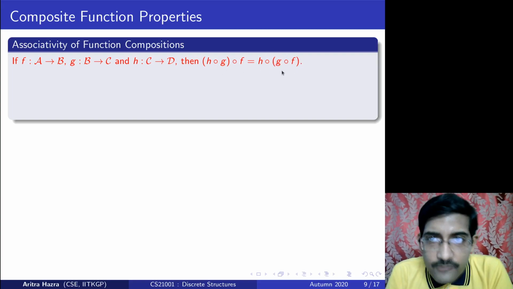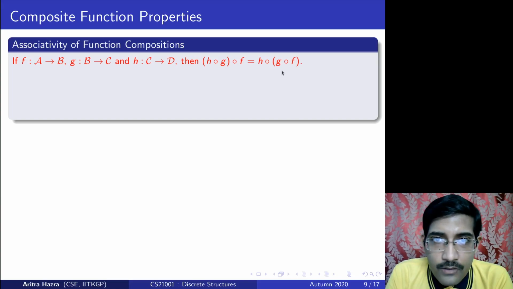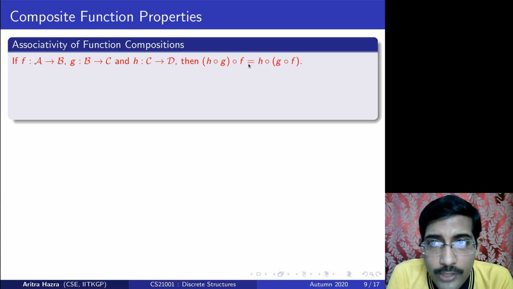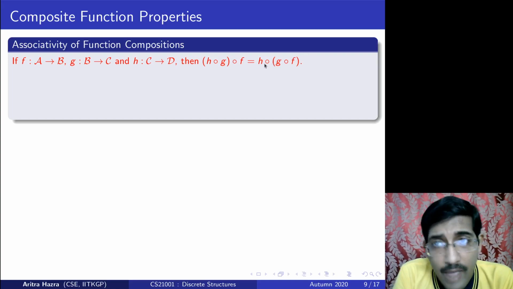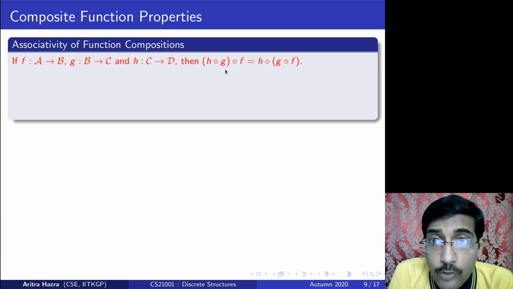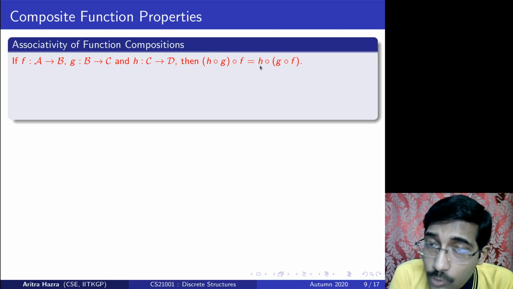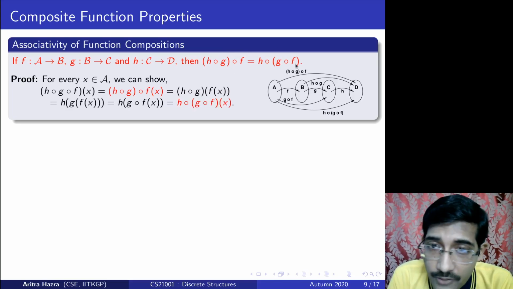Let us first try to understand this. Equality of functions, as you remember, means that for every value of x given to this, and for every value of x given to this from domain A, they should result in the same answer. And we also have to prove that the domain and codomain of this function are exactly equal to the domain and codomain of this function.